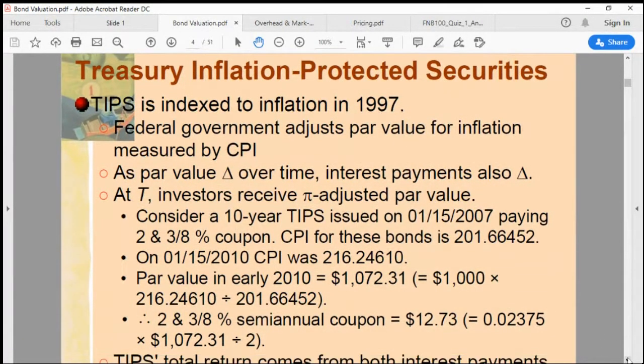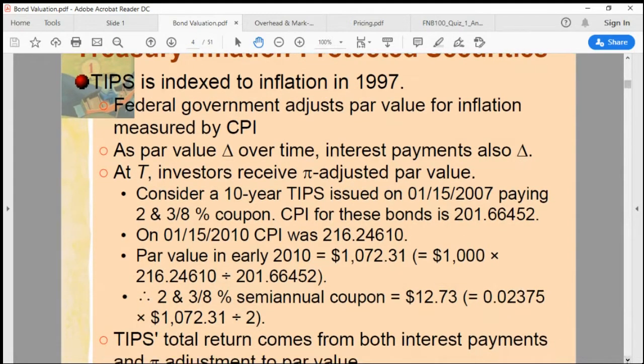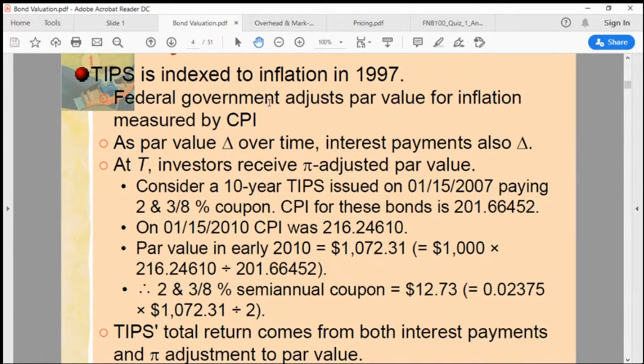Why? Because Treasury's return is so low, right? They are providing an instrument that will protect you from inflation, that will protect the return from the Treasury, providing protection against inflation.